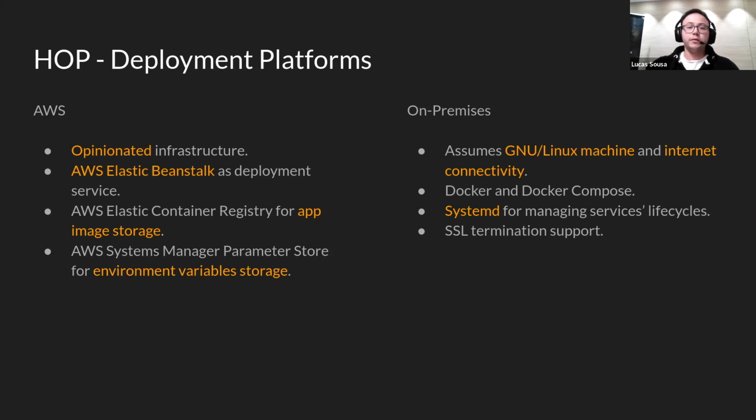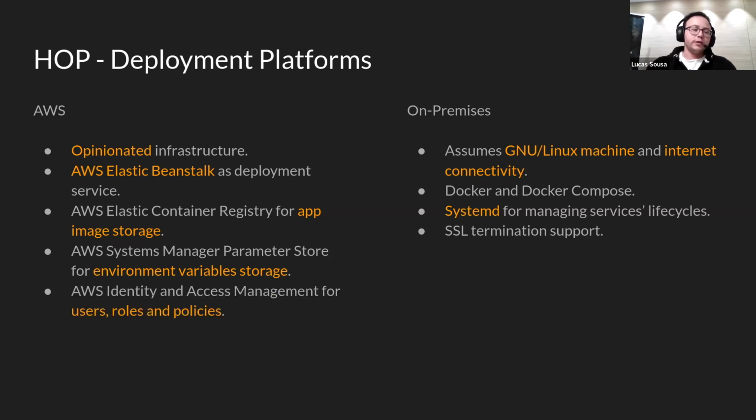If you have used Elastic Beanstalk before, you might know that you can also put the variables there. But we suffered over the years that Elastic Beanstalk has a limitation on environment variables. So at a certain point, it starts complaining that you cannot put more environment variables there. So we switched the strategy in Hop, and now we store them in Parameter Store, encrypted and integrated with Elastic Beanstalk, so you don't have to worry about it.